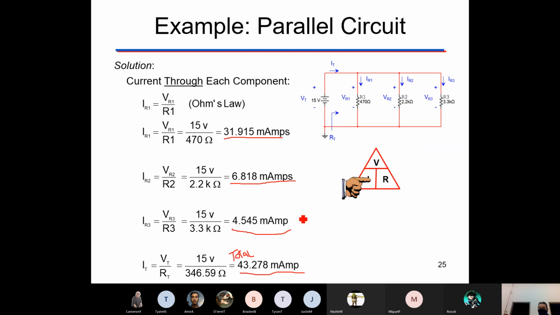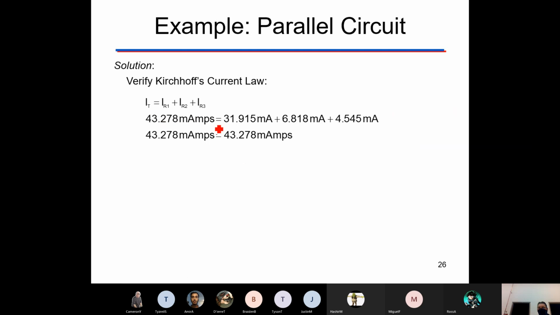Does that make sense? That's how you'll do Kirchhoff's current law: you take all those numbers and add them together and make sure that they are the same as what we solved for our IT. If that's the case, then you know you did your problem right.